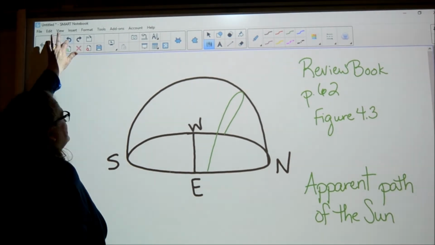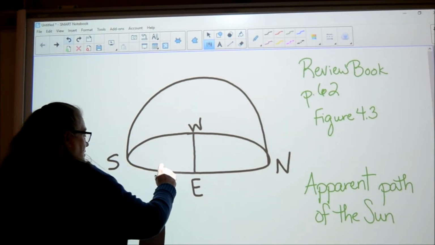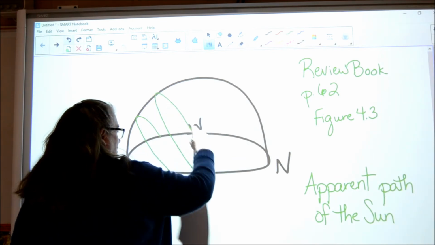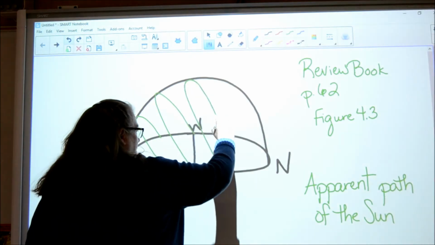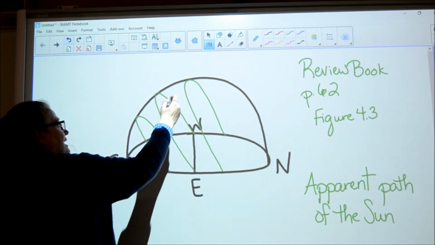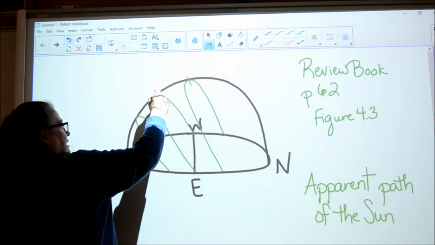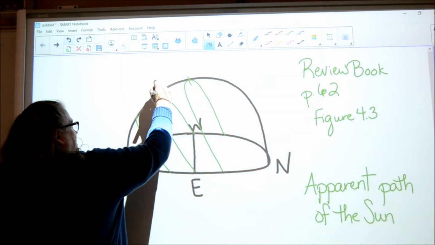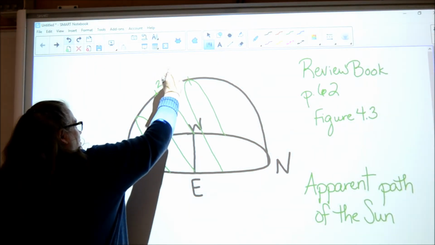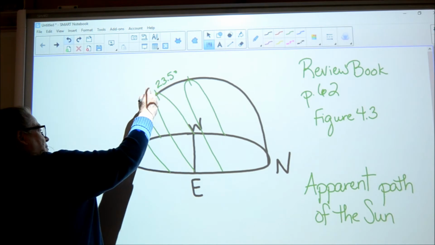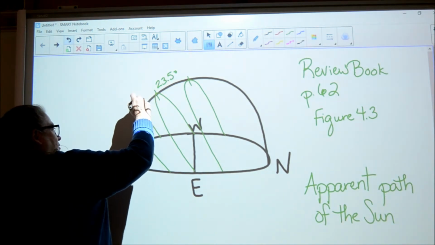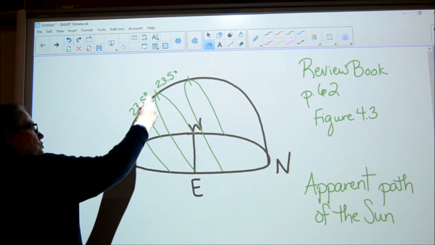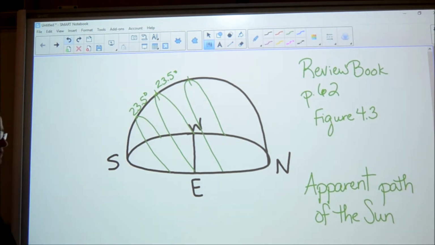If I go back to the one I originally had for us in Central New York, the angle difference from here to here, we'll say it's 30 degrees, we'll say it's 23.5 degrees. That has to be the same angle from here to here. Those angle changes have to be the same.